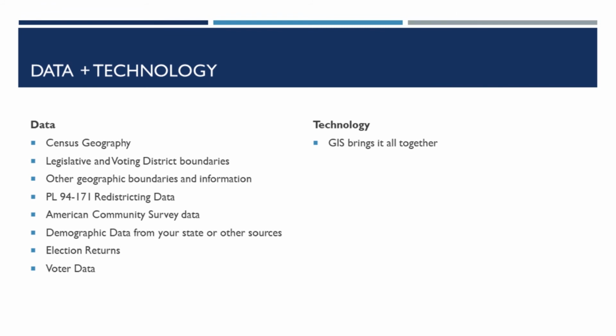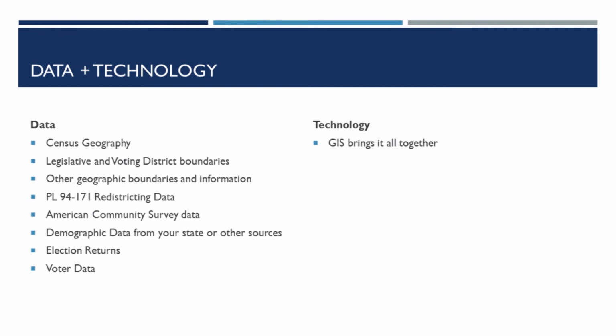So we've talked a lot, and I'm going to kind of bring it back to all of the data that you'll be using. It'll start with census geography, what's called the TIGER/Line files, which will be built into your software. And you will, as I'm sure you participated in the submission programs, have your legislative districts and voting districts also included and have the data readily available from the census. You may want to include other geographic boundaries and information.